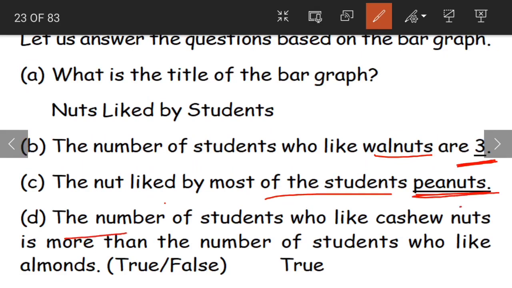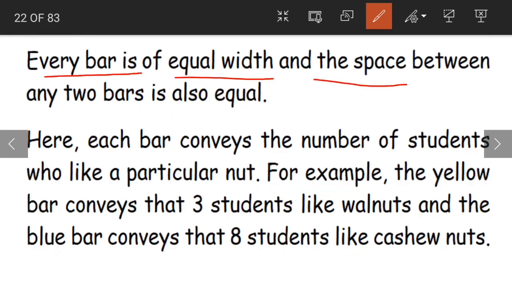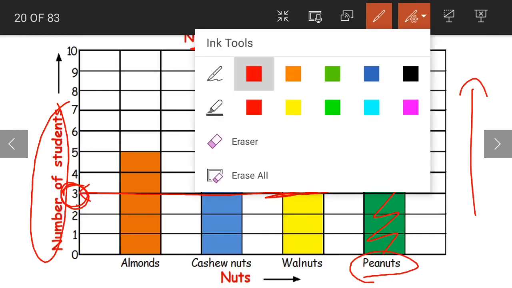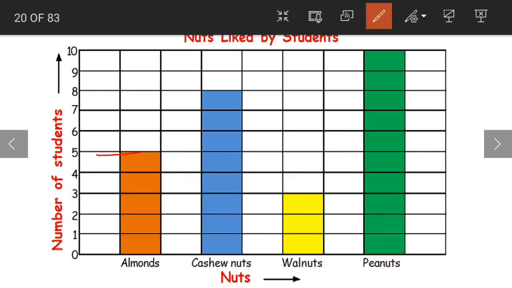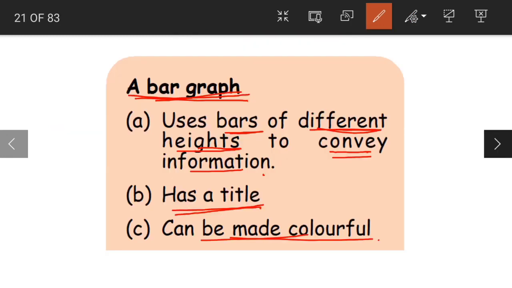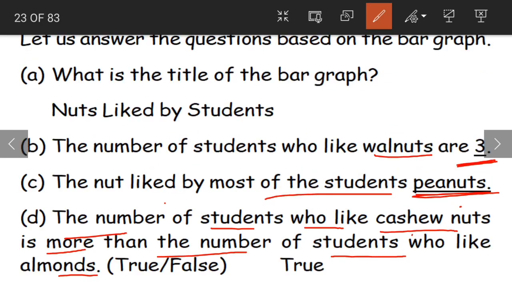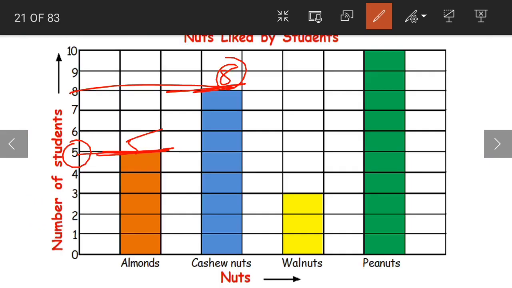And the last one, the number of students who like cashew nuts is more than the number of students who like almonds. Cashew nuts and almonds. Almonds are liked by 5. Cashew nuts are liked by 8. What are they saying here? The number of students who like cashews is more. Cashews is 8 and almonds is 5.